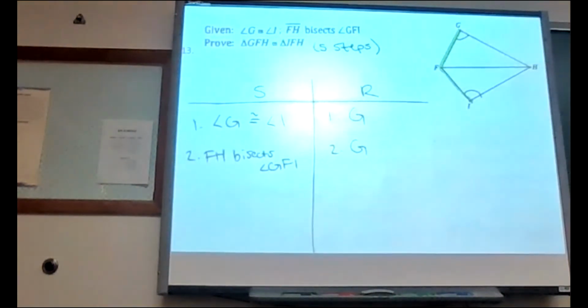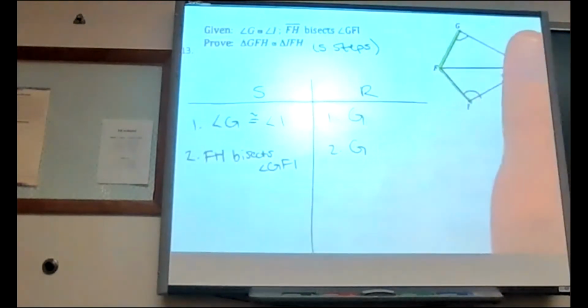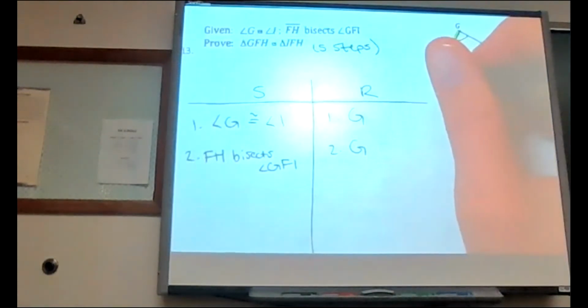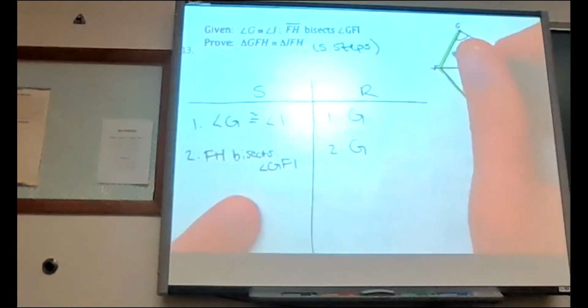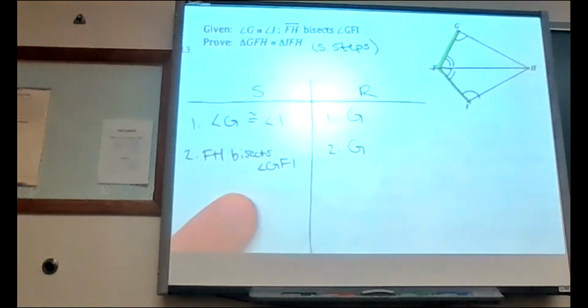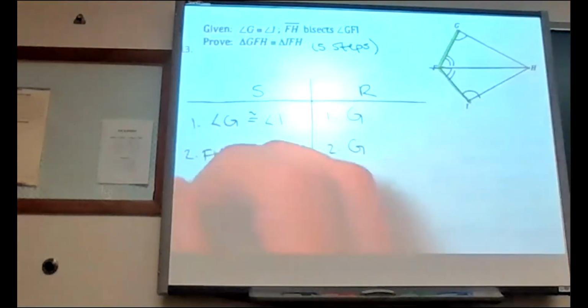If FH is bisecting it, what does that mean is true? GF is congruent to FI. No, that would be if it was bisecting a segment, but this is bisecting the angle. So it's going to mean that this angle is the same as this angle. Does that make sense? Because it bisected the angle.